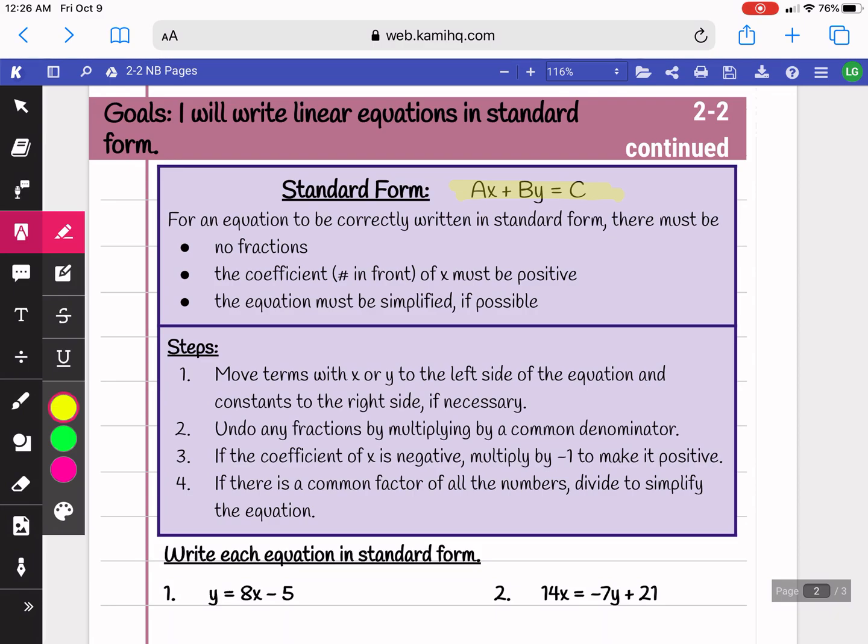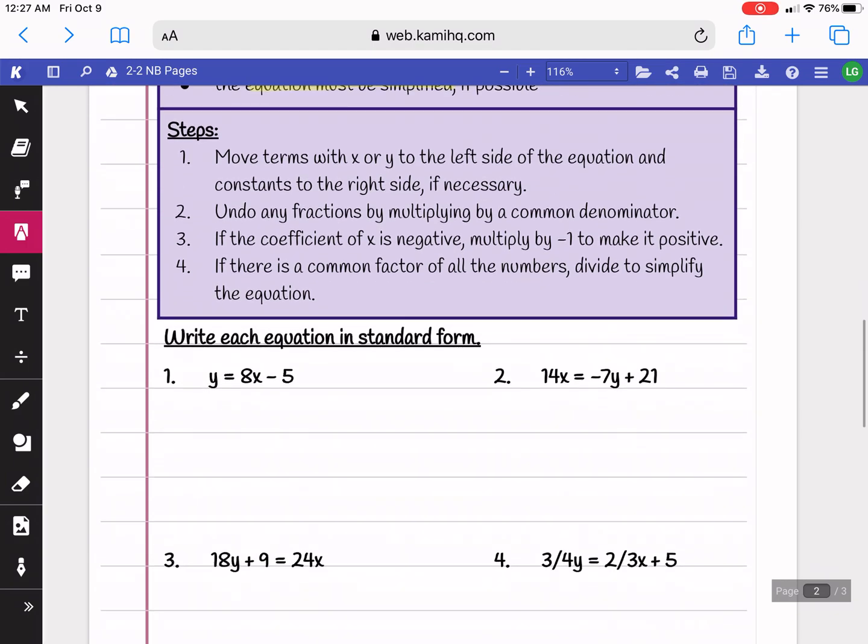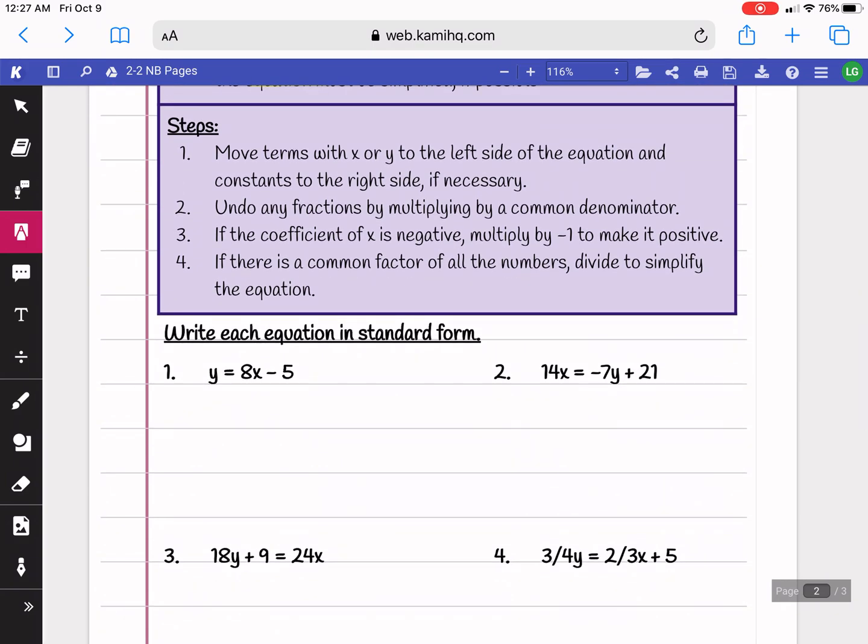For an equation to be correctly written in standard form, there should be no fractions. The coefficient or number in front of x must be positive, and your equation must be simplified if possible. When you're writing your equations in standard form, you want to make sure that the terms with x or y are to the left and your constants are to the right.